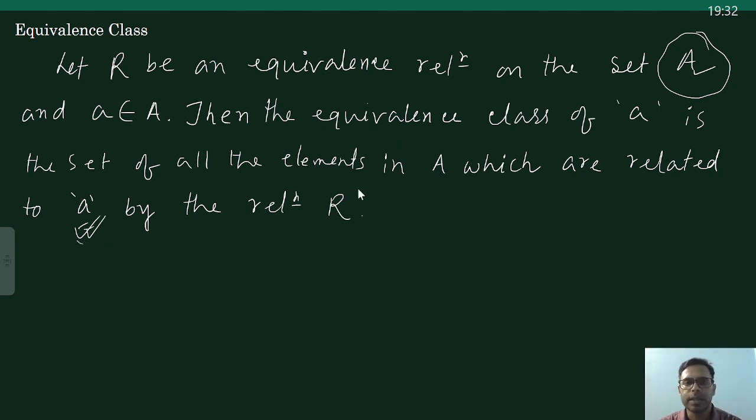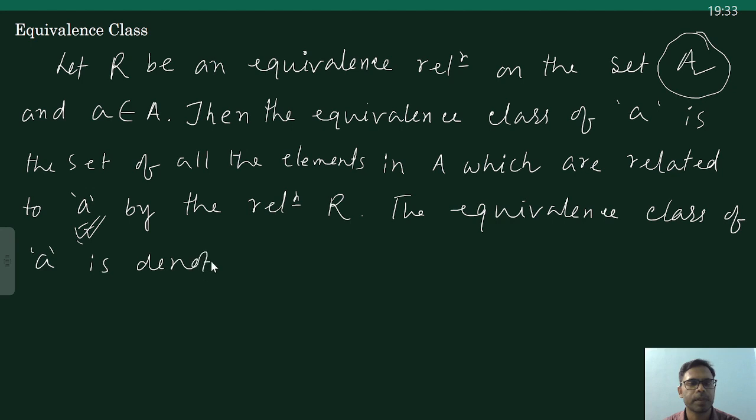Okay, and it has a symbolic notation also. It is denoted by, to write the equivalence class of A is denoted by their symbolic notation.